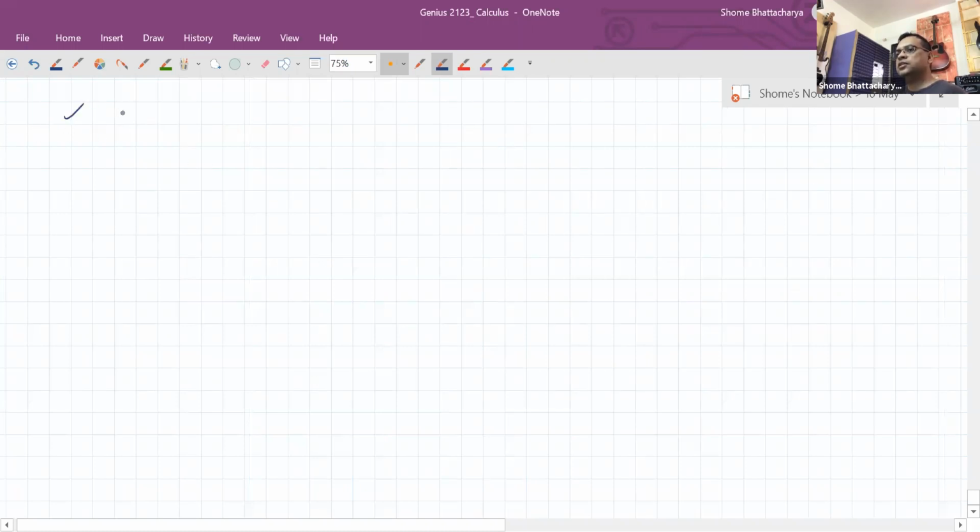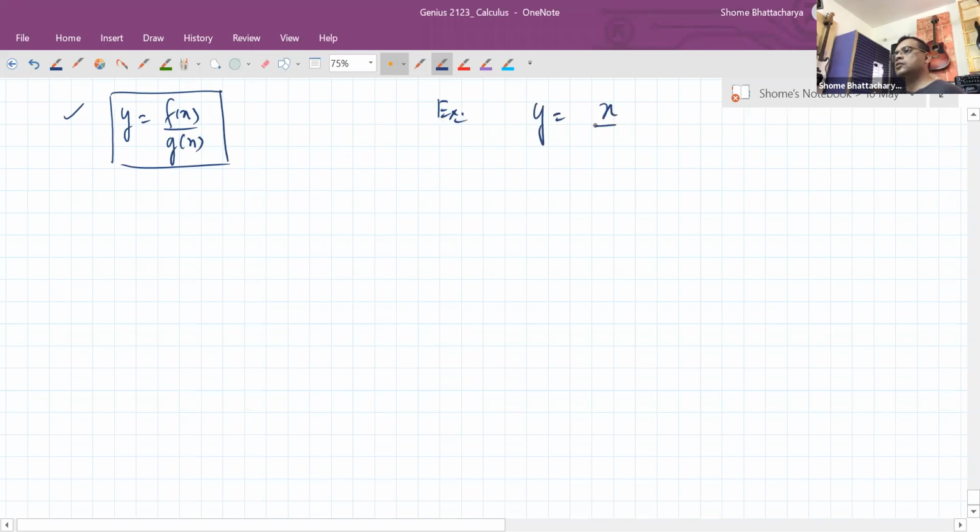If a function is expressed as the quotient of two functions, this type. So for example, if I have a function of this type, then how do I differentiate it?